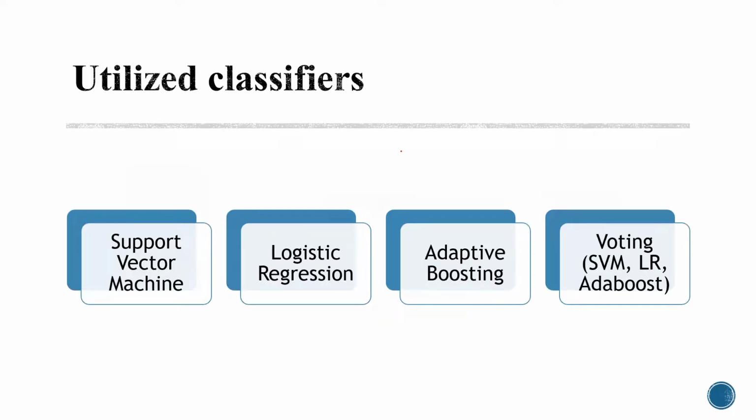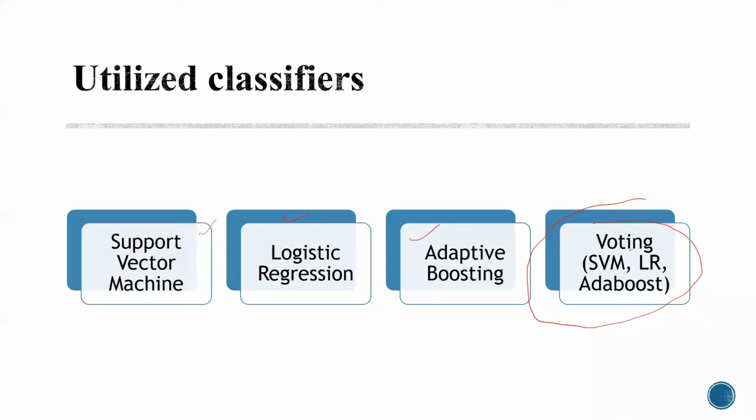Now, the utilized classifiers include support vector machine, logistic regression, adaptive boosting, and finally the newly proposed voting ensemble. Support vector machine modeling was carried out, then logistic regression and adaptive boosting.